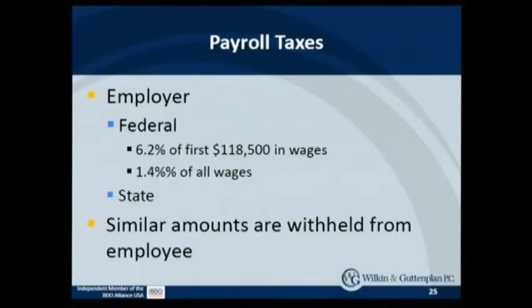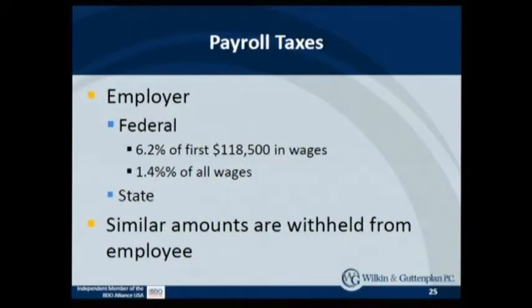The payroll taxes in the US at a federal level: 6.2% on the first 118,000 of wages. That's what we call FICA. And there's two sides to that. The employer pays one side, which is 6.2%, and another 6.2% the employer withholds from the employee. So 12.4% in total on the first 118,000 in wages.